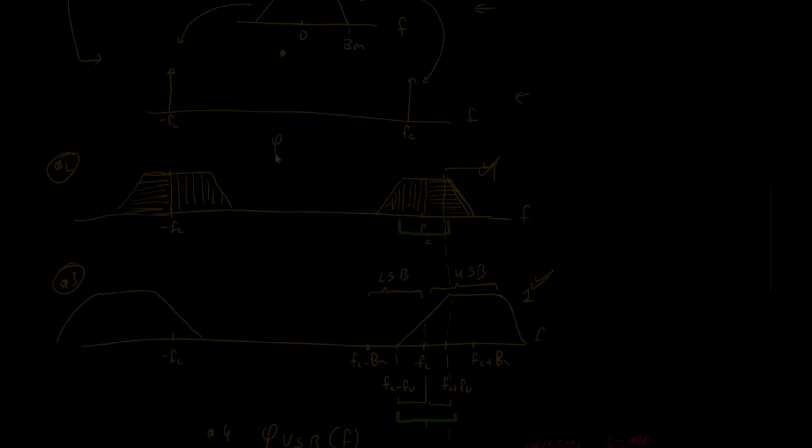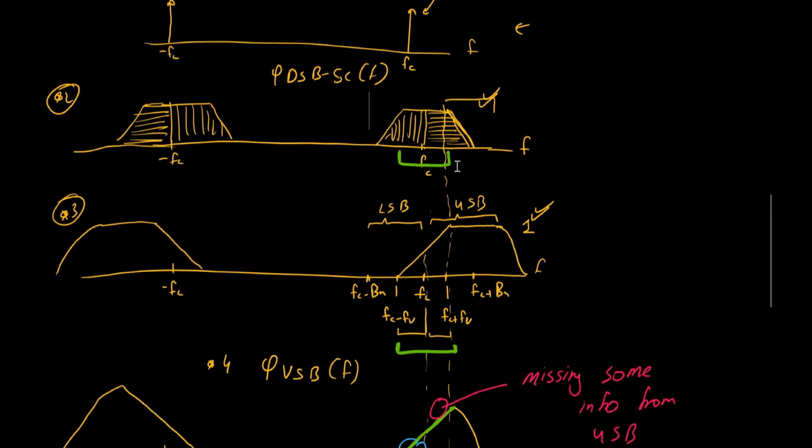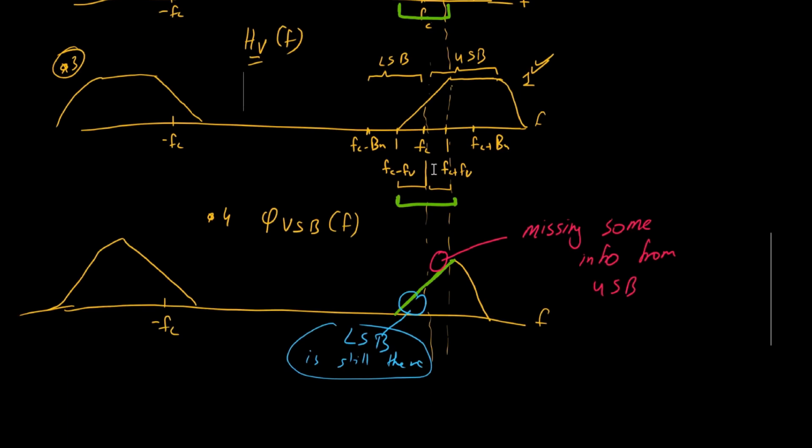This was basically the DSB-SC of F, and this is our filter, HV of F. So if this signal passes through this filter, eventually we are getting this spectra, this plot.